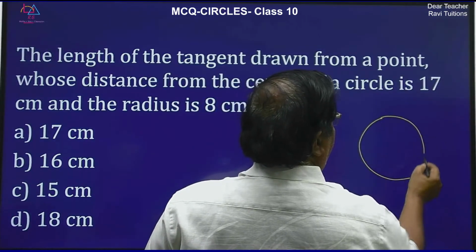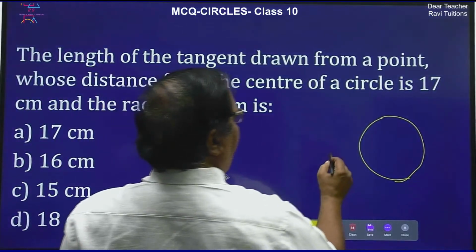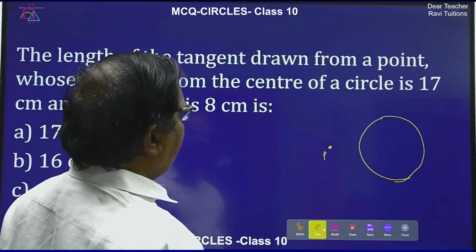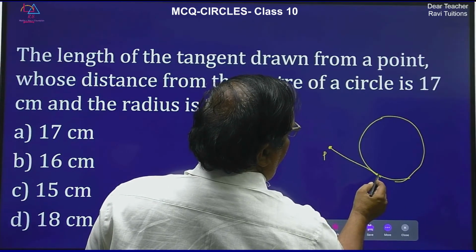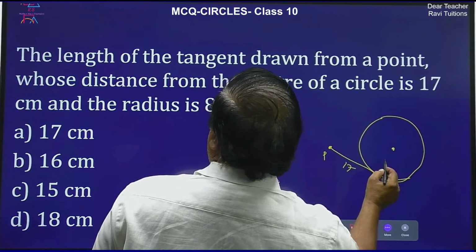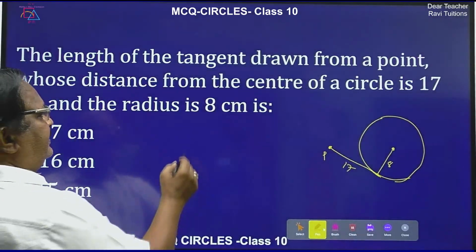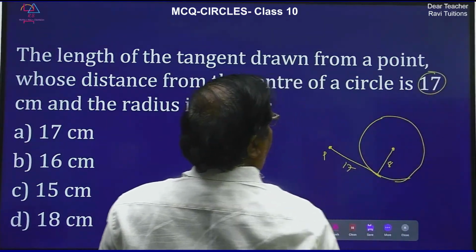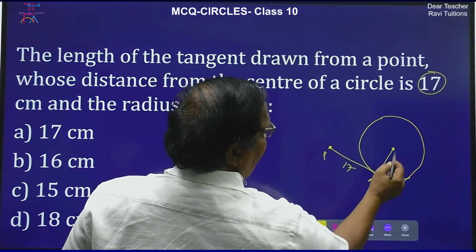This is the circle, and a tangent is drawn from this point P. This is the tangent, this is the center, this is 17 and the radius is 8. So PA is the length of the tangent.